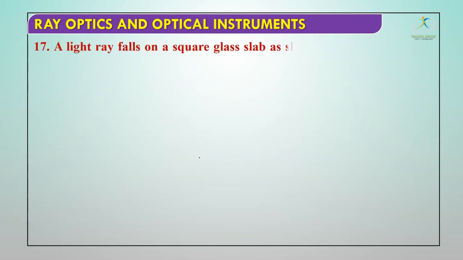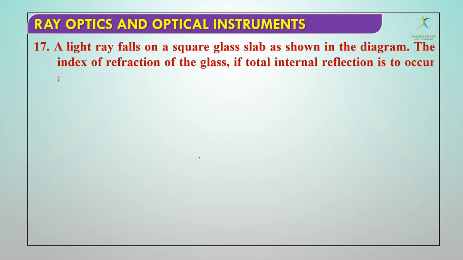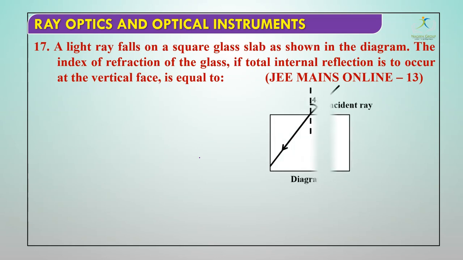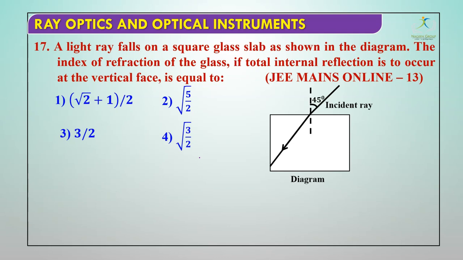Next question we have, a light ray falls on a square glass slab as shown in the diagram. The index of refraction of the glass, if the total internal reflection is to occur at the vertical face, is equals to, these options we have, the diagram is given here.